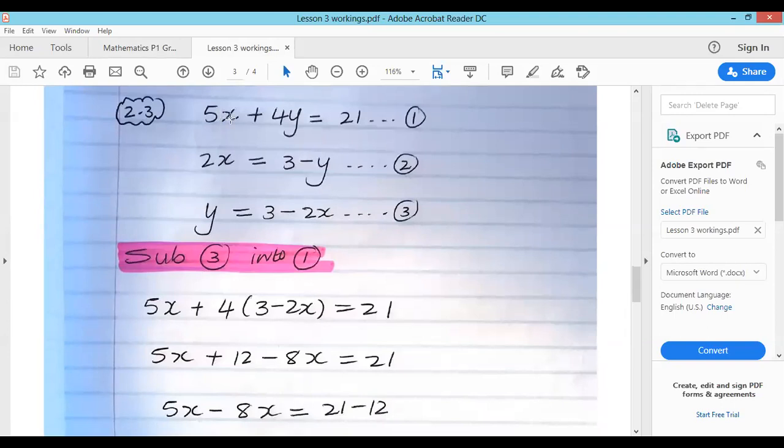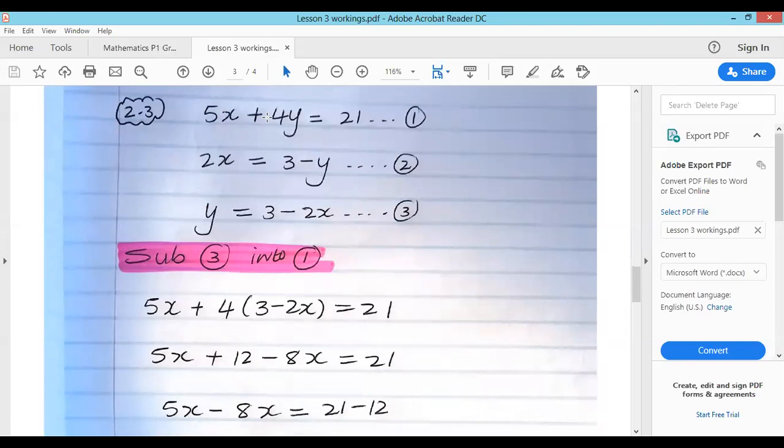I love the substitution method. There's also an elimination method. It's up to you which one you want to use. I know at other schools they're using the elimination one, and other schools the substitution one, as long as you arrive at the same answer at the end of the day.